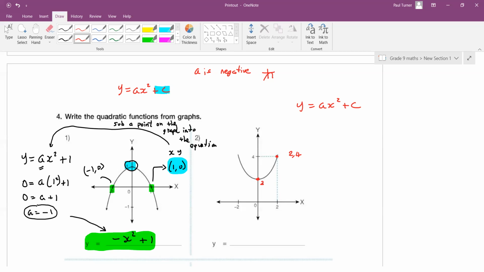So A is positive, isn't it? This graph is going up. And we know C from the graph because I just wrote the number wrong.